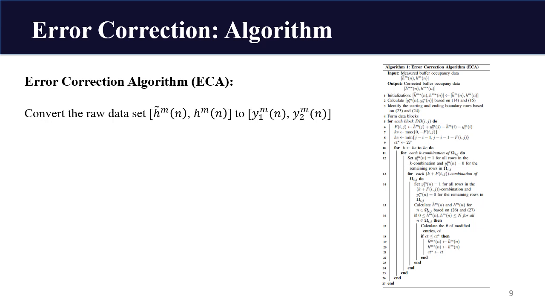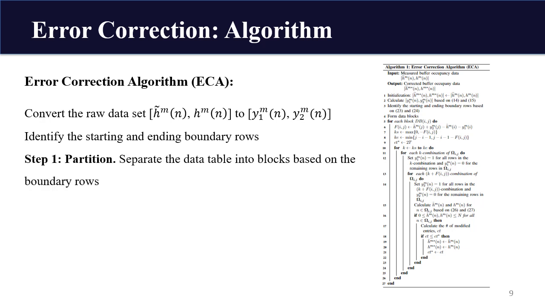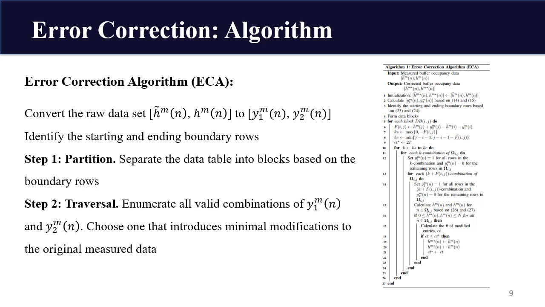First, convert the raw dataset Hn to Yn, and identify the starting and ending boundary rows, and then separate the data table into blocks based on the boundary rows. After that, enumerate all valid combinations of Yn. Choose the one that introduces minimal modifications to the original measured data.